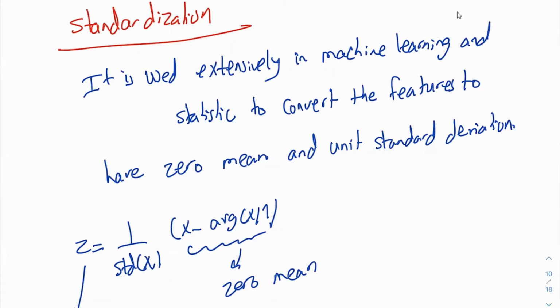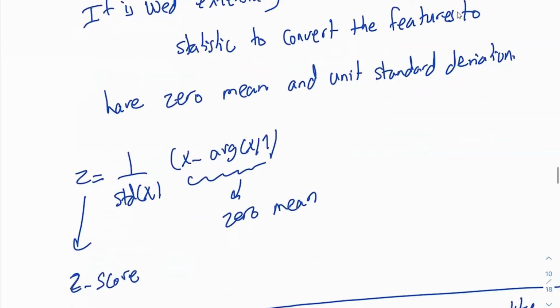Now, it's not the only technique. Normalization is also used, and various normalizations change the features to between -1 and 1, but standardization is one of the most widely used. In statistics, sometimes it's called a Z-score, because it's defined by Z.